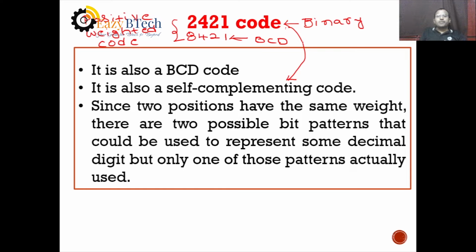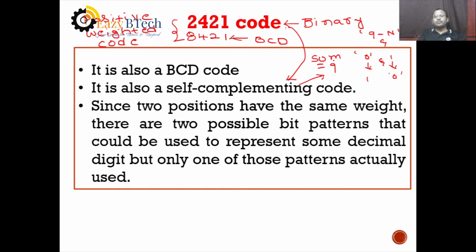Right? How do we identify whether it is a self-complementing code? One way is by taking the 9's complement of the number, which we should get by changing zeros to ones and ones to zeros. Another way, in most cases, is that the sum of all the weights should be 9.